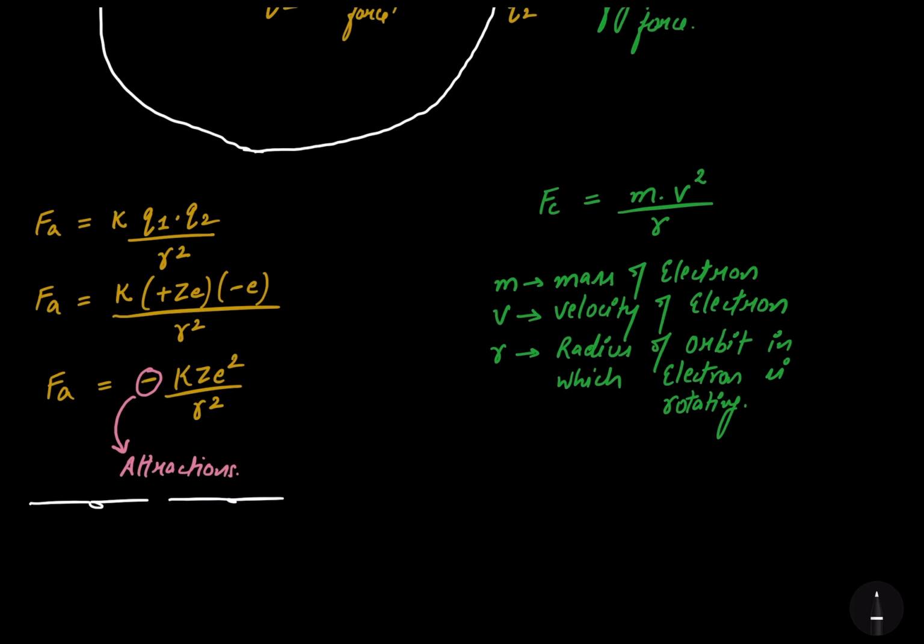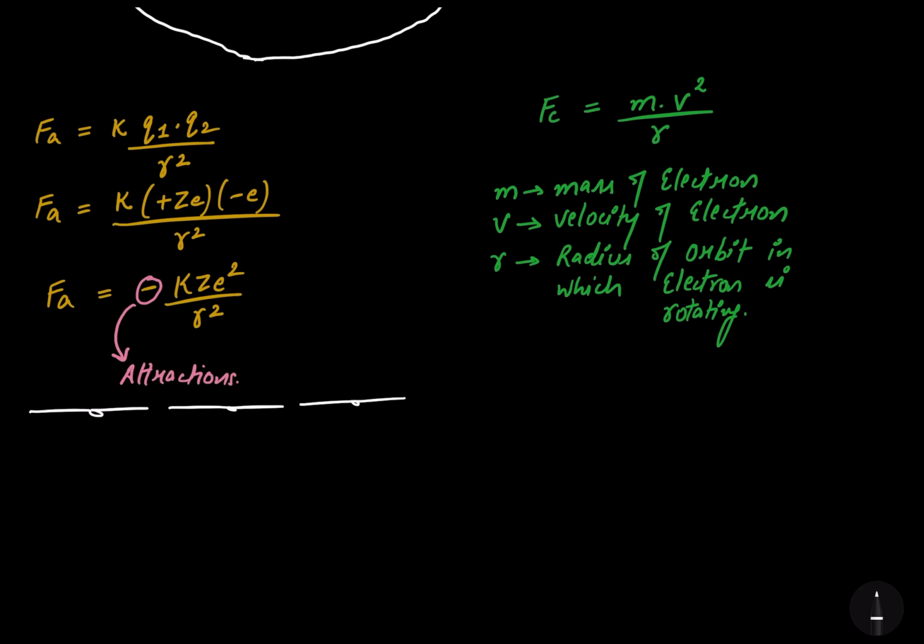Now, what I have told you earlier, if an electron has to revolve in a particular orbit, then the centripetal force must be equal to the centrifugal force. Now, let us put down the formulas over here. For the force of attraction, I am writing k z e square divided by small r square. I am ignoring the negative sign for the time being. What's the centrifugal force?